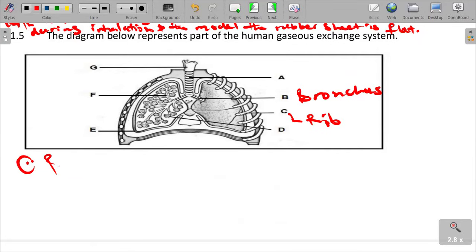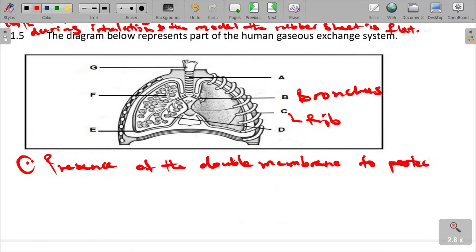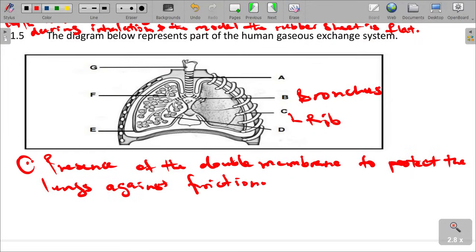So we are saying the presence of the double membrane protects the lungs against friction. It shows that it is a good surface for gaseous exchange, and the pleura helps in that.